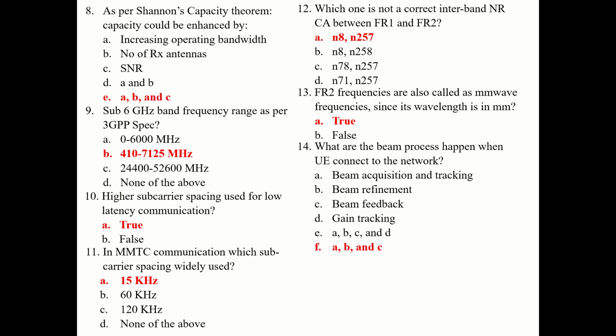Next is what beam procedure happens when a UE connects to the network. Apart from catching synchronization signals and SSBs, reading the SSB block and other things, initially beam acquisition will happen based on the primary synchronization signal.